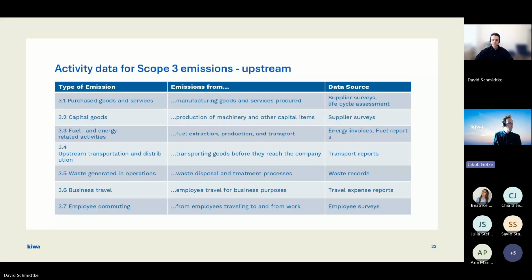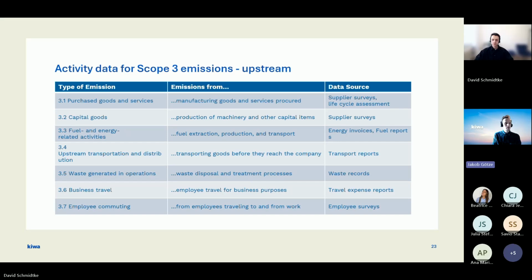We report the direct emissions from the combustion of diesel in a car, for example, in scope 1, but the production and distribution of the diesel has to be accounted for in scope 3.3.